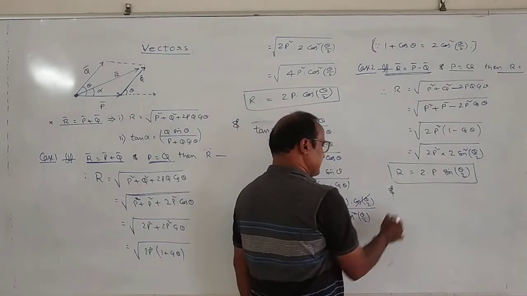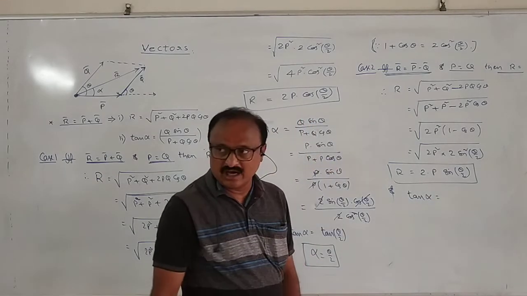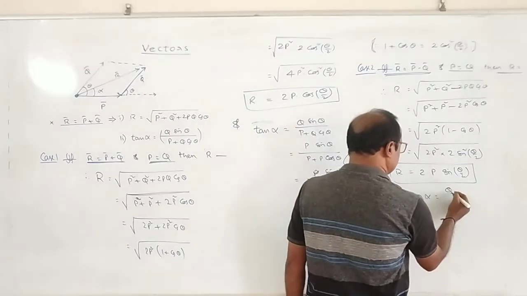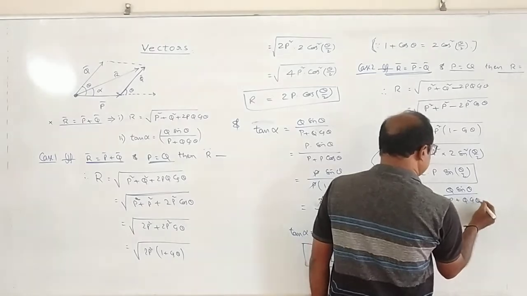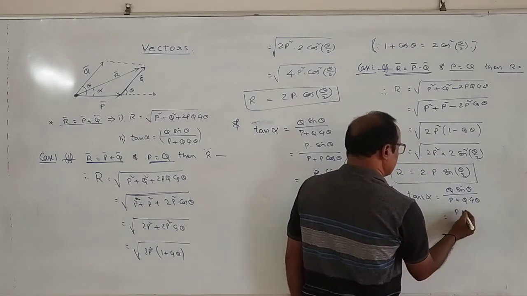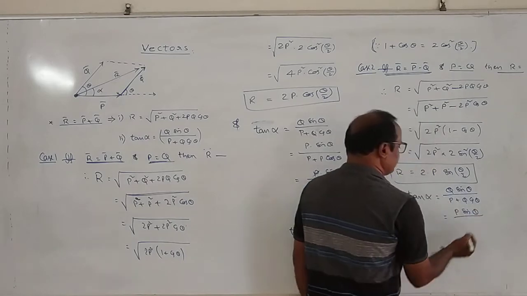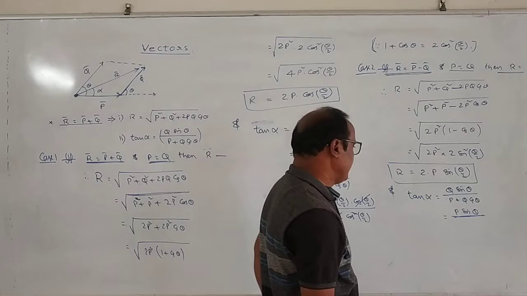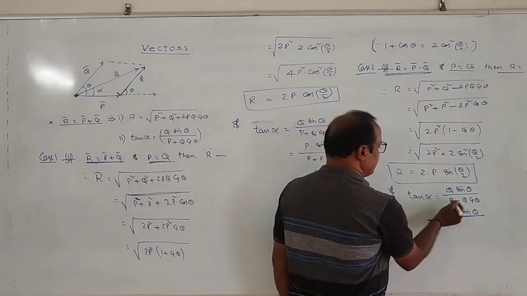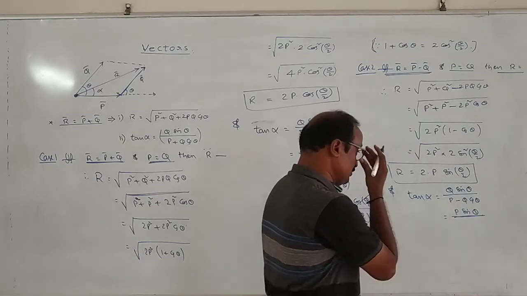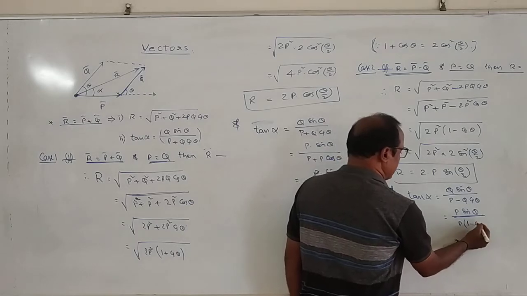And once again, what is the direction of the resultant? Tan alpha is equal to Q sin theta by P plus Q cos theta. That is equal to P sin theta by P minus Q cos theta. Here P is common, into 1 minus cos theta.